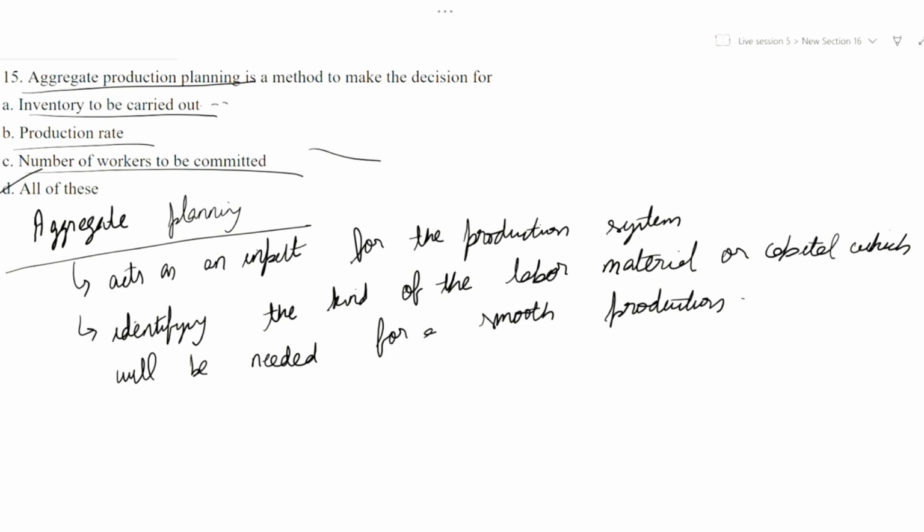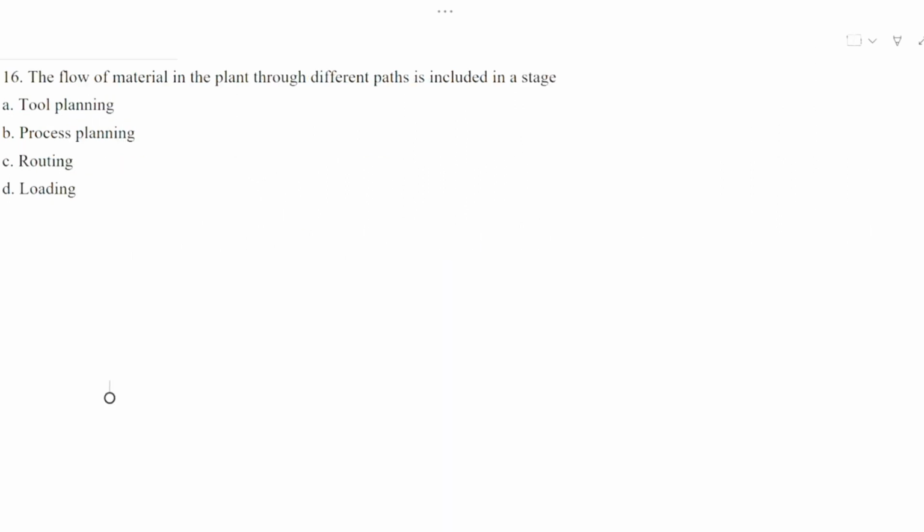Okay, so the next question. The flow of material in the plant to different paths is included in which of the stages? Expediting, tool planning, process planning, routing, loading.